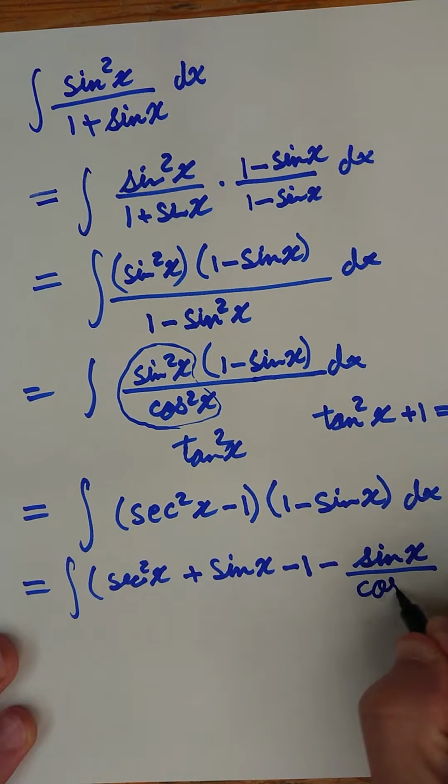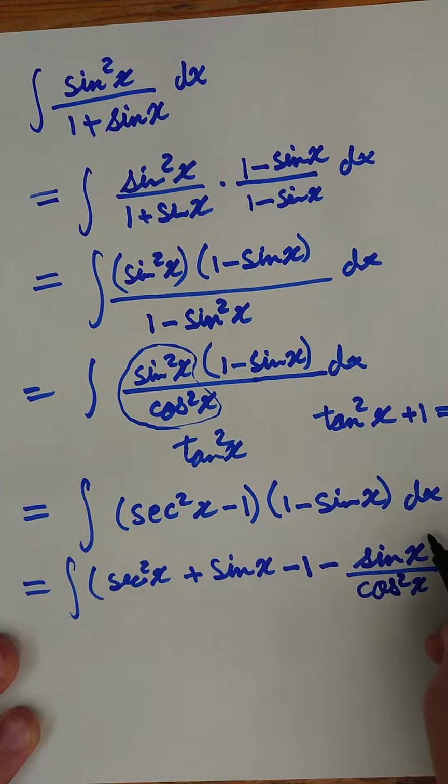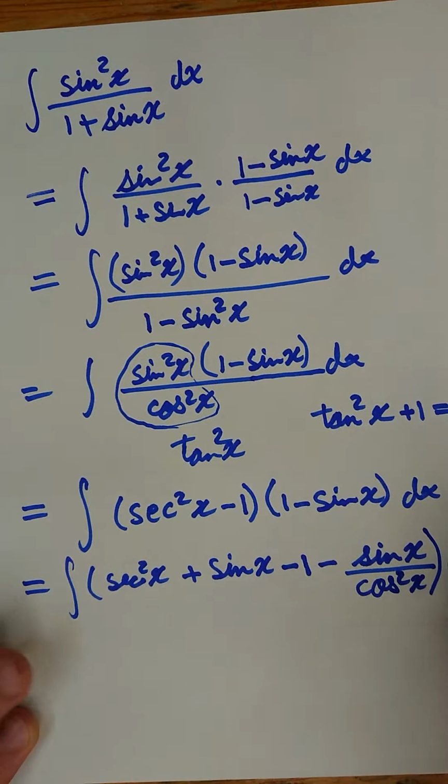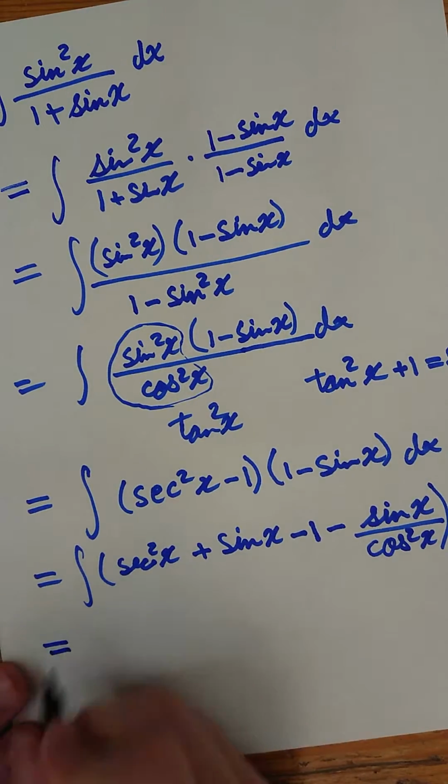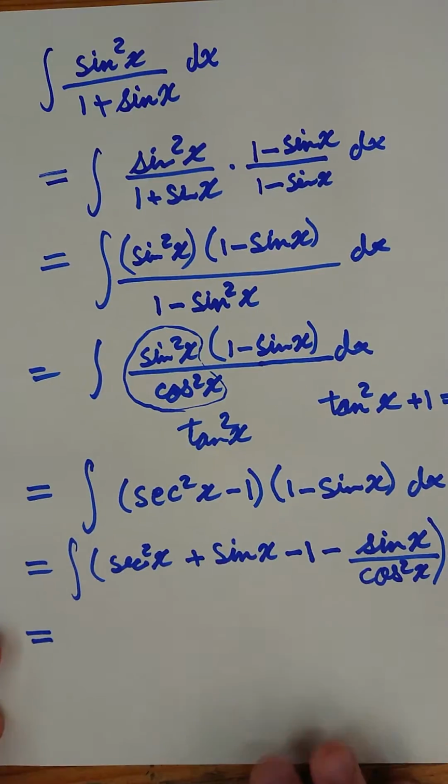So cosine square. So after that, it can be more obvious.